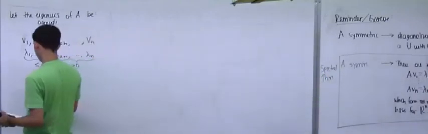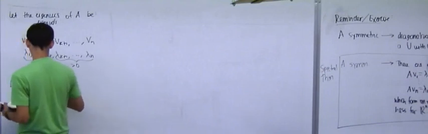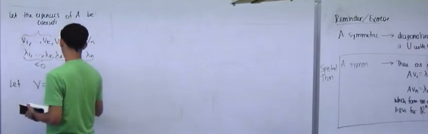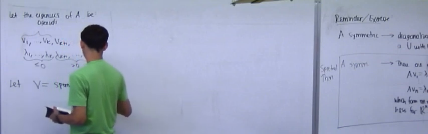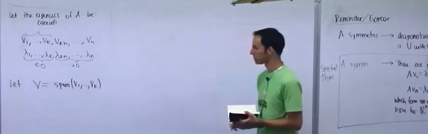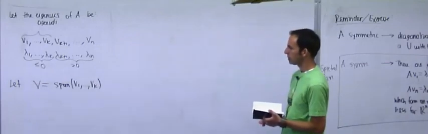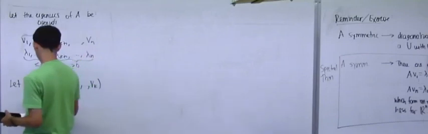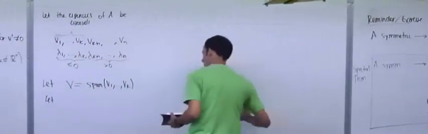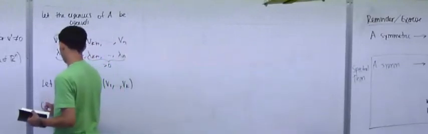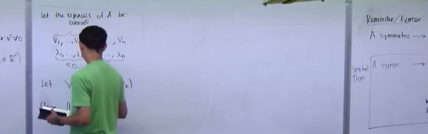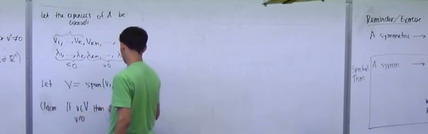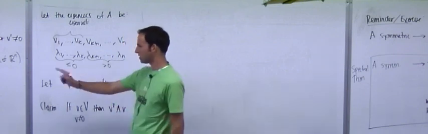Now, let me define another subspace of Rn, we call it V, to be the span of these guys. Why do I want to do this? Well, I want to prove the following. I want to prove that if v is in V and v is not 0, then v transpose Av is actually not positive, it's actually negative.